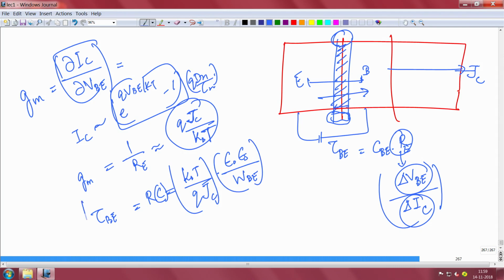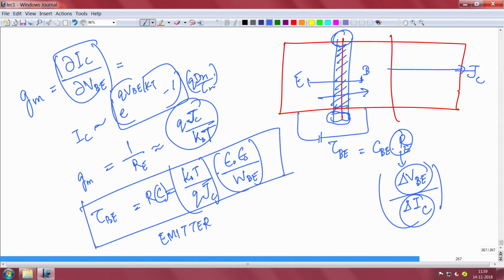And you see this delay, this is the total emitter base charging delay, okay, and this delay is proportional to 1 by Jc, if you recall.